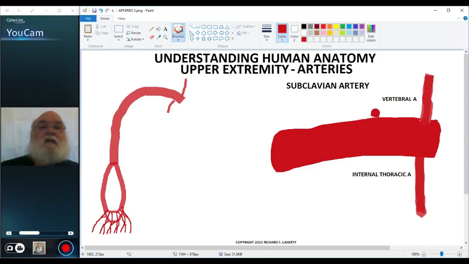Now, the next artery I want to draw here is the thyrocervical trunk. Let me put it in on the small diagram.